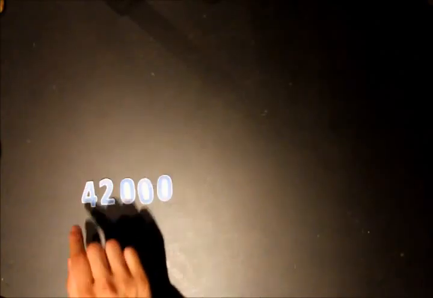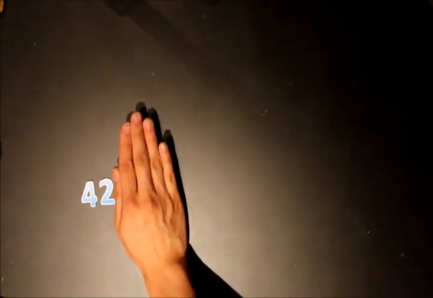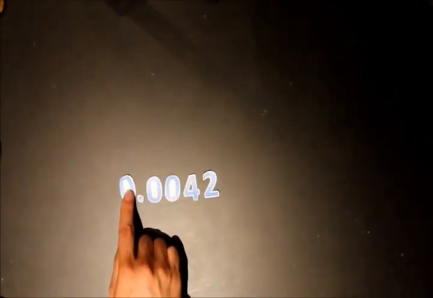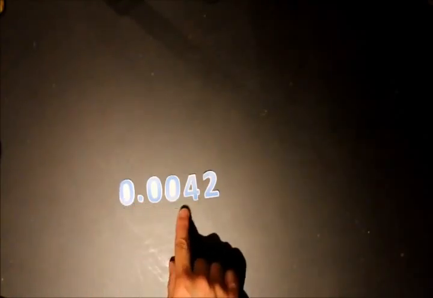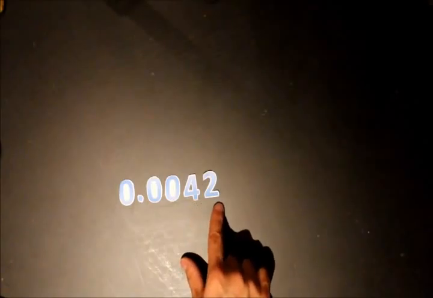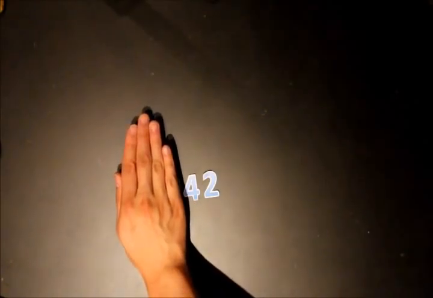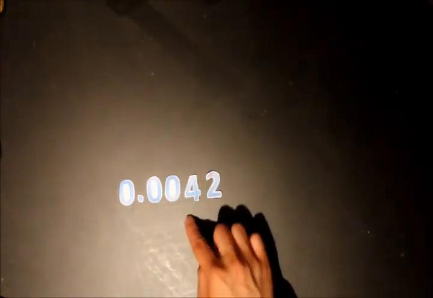Therefore, 4.2, 2 sig figs, leaving your whole quantity of 42,000 with just 2 sig figs. Zeros before a number are also insignificant. So in this quantity, these zeros are insignificant, because this can be written as 4.2 times 10 to the negative third. Therefore, 2 sig figs.